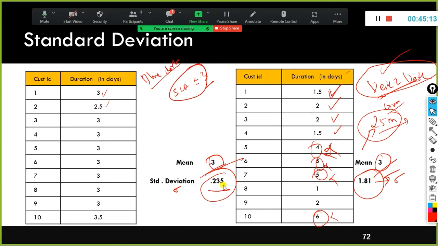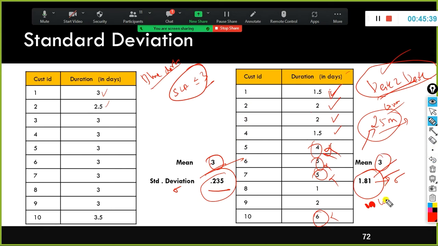So what did I say? The higher the standard deviation, the further the average data point is from the mean. That means too much inconsistency. Remember this: the higher the standard deviation value, the more the inconsistency. So with this itself we are able to understand the inconsistency is very high, right?